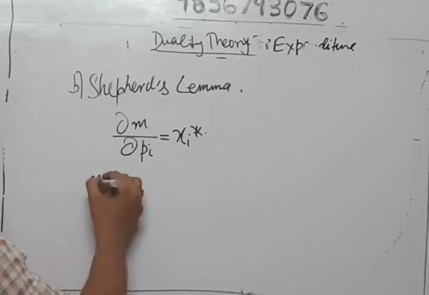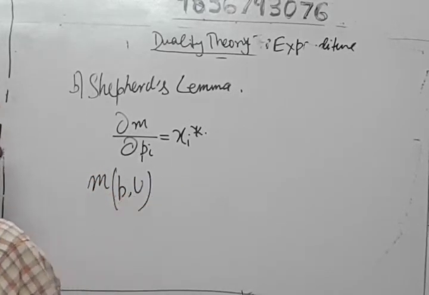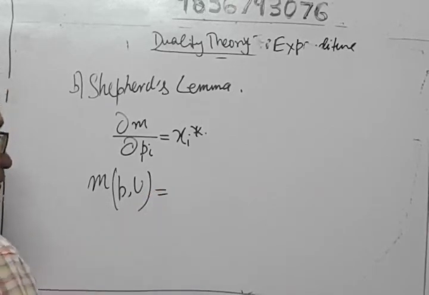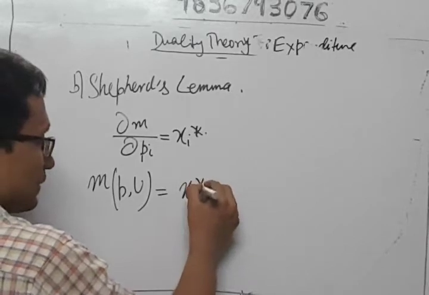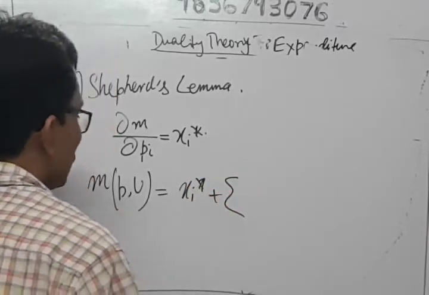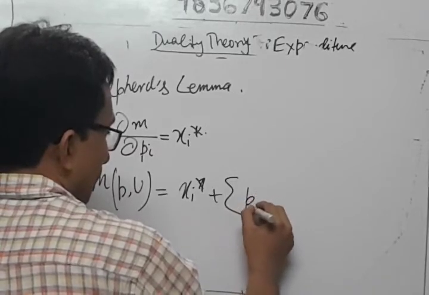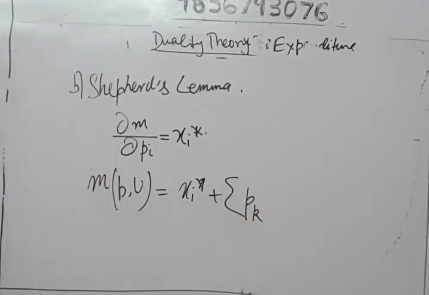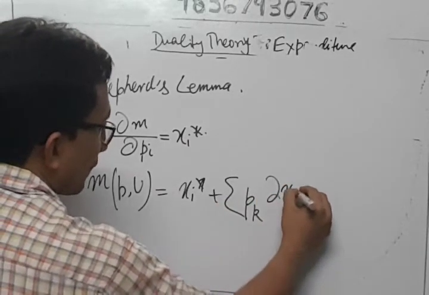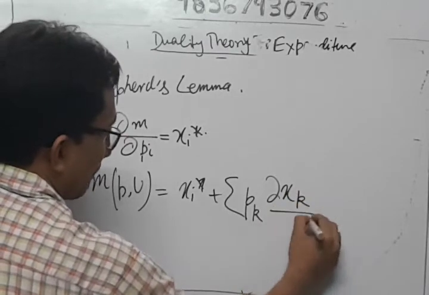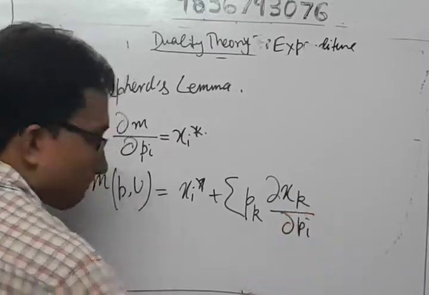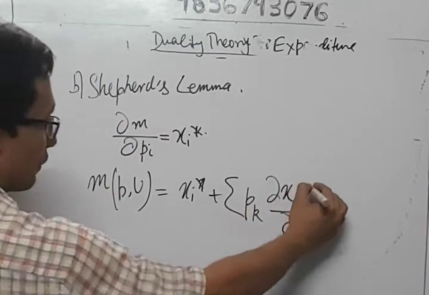Now how can we write this? We know m is a function of p and q. When we differentiate this function with respect to the price of the ith commodity, we get the expression xi star plus the sum of pk times del xk star divided by del pi.